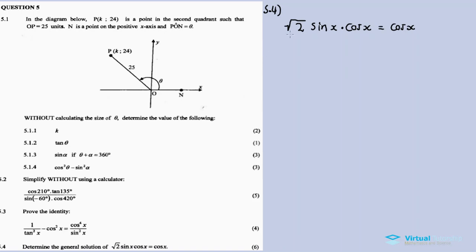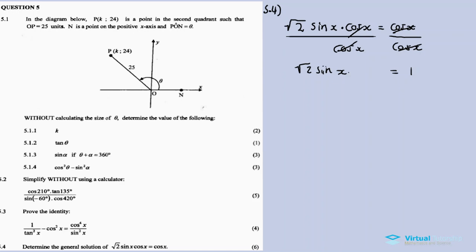Here is the mistake: someone just says okay, there is cos on this side and cos on that side, it's easy, so divide both sides by cos, then I get 1, and I'm left with square root 2 sine x equal to 1. You will be punished for that. This way of solving is right, but you will lose a solution.